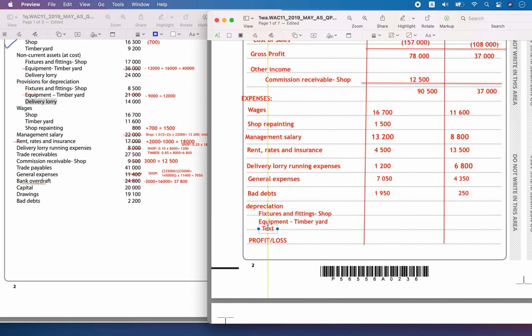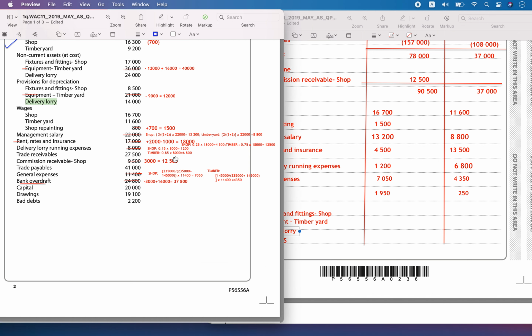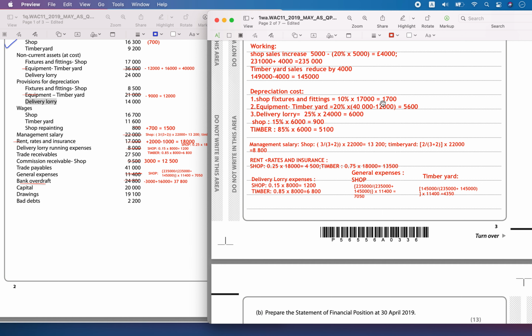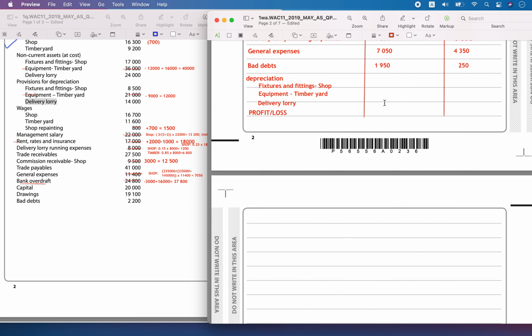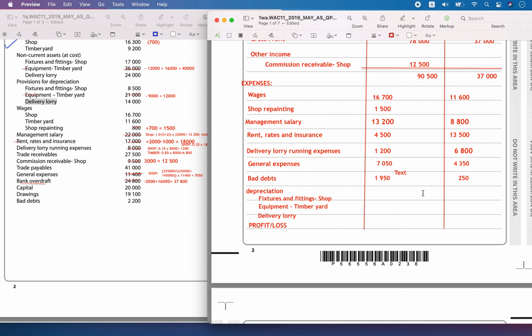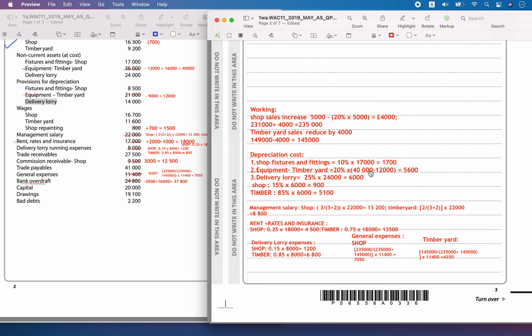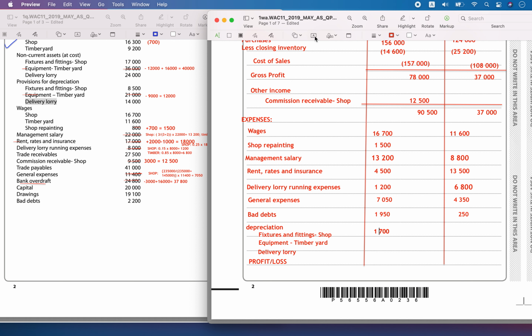Each has a depreciation cost. For the fixtures and fittings shop, the depreciation cost we had already calculated earlier is 1,700. For the timber yard equipment, it is 5,600.